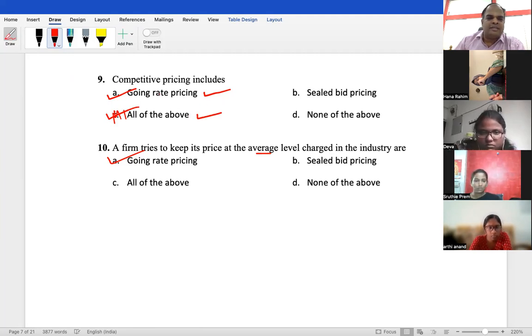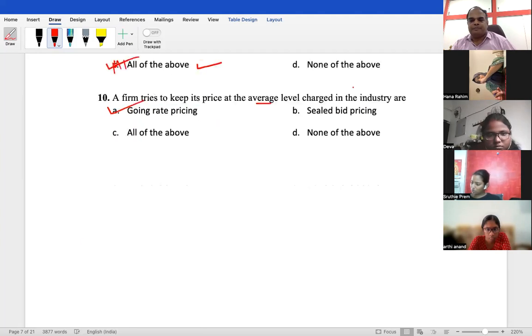All of the above is the correct answer then. Am I right? Kindly refer to the notes now. Yes, kindly rectify the mistake. Competitive pricing includes both going rate and sealed bid. Okay, fine. Thank you, ma'am.